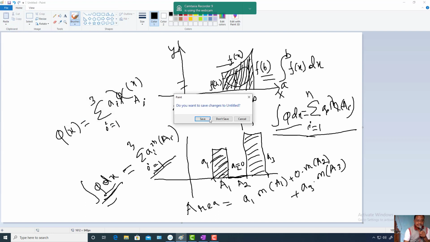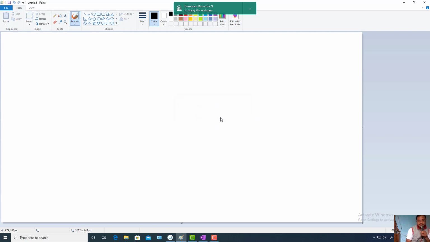Let us again come to this one. You already know how to find the integration of a simple measurable function. Then you have a non-negative function f. You think about all those simple functions which are less than or equal to f.